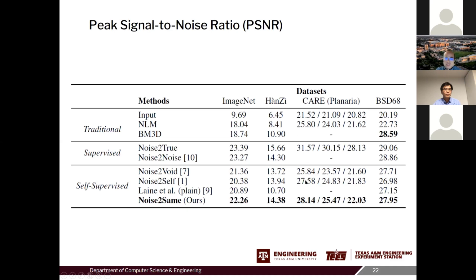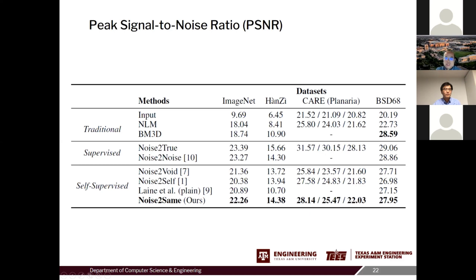And in the case of biological images, our results are better than other self-supervised methods, but still a little bit lower than the supervised case. I think this is mainly because in the self-supervised case, we have to assume that the noise for each individual pixel is independent, and you cannot have structural noise.